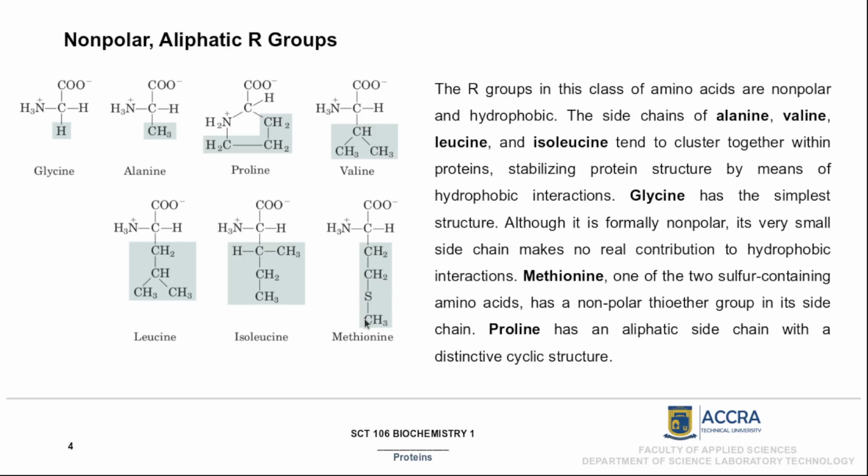Proline has an aliphatic side chain with a distinctive cyclic structure. So you see proline here having a distinctive cyclic structure in its side chain. Now the secondary amino group of proline residues is held in a rigid conformation that reduces the structural flexibility of polypeptide regions containing proline.